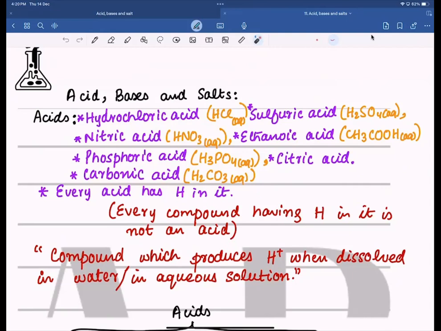So that's why I have not written it, because it's not necessary to remember the formula of citric acid. But for these acids, it's important for you to remember these formulas. Citric acid is C6H8O7, but it's not necessary to remember it. So that's why I haven't written it over here.